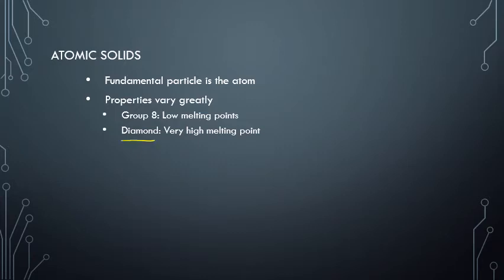So just like diamond came from carbon, you want to watch for silica-based compounds as well. Anything that has Si and O has the possibility to be an atomic or covalent network solid. Let me put that down here over to the side.